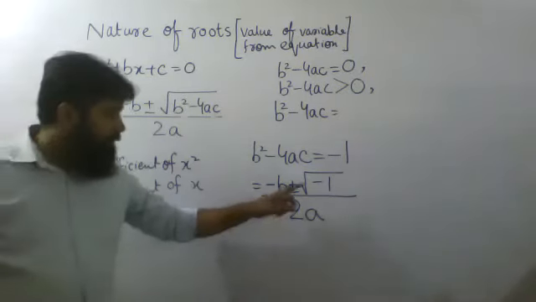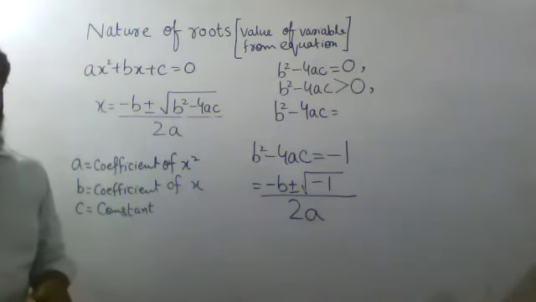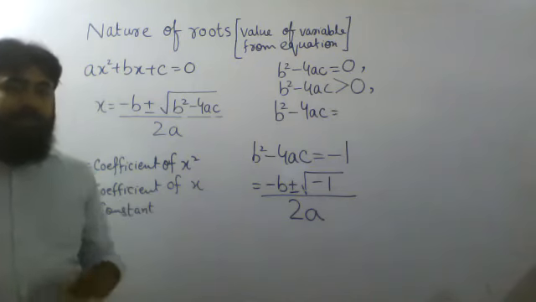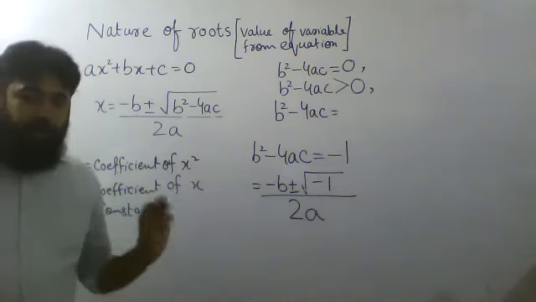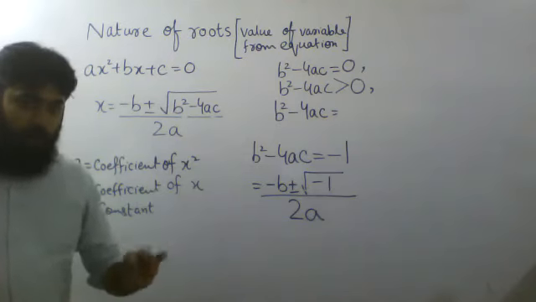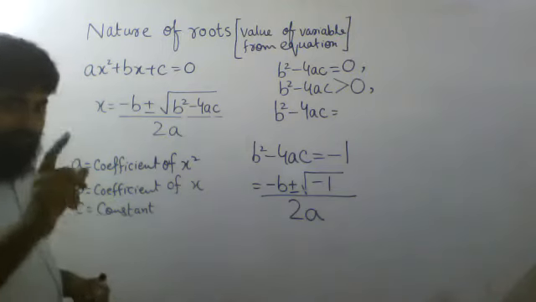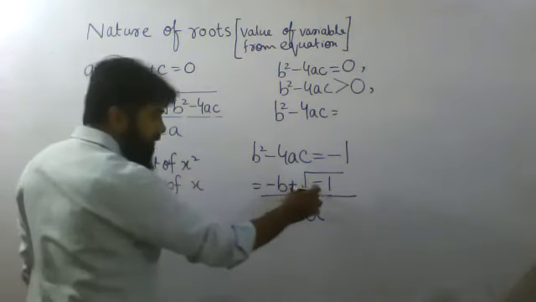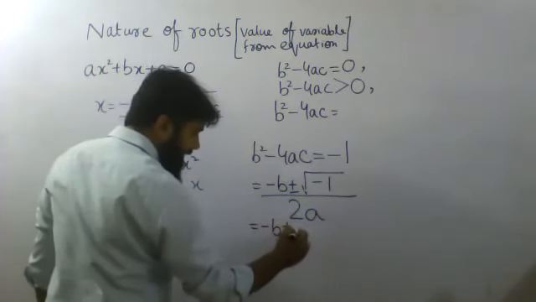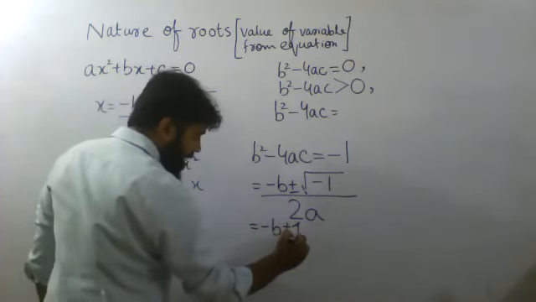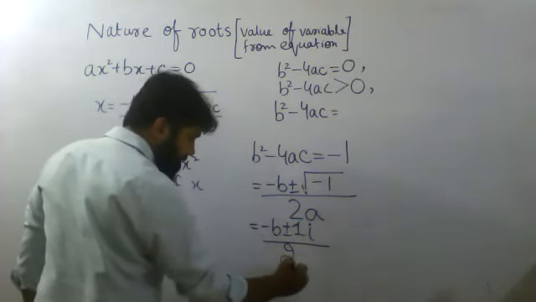Now, when you take the root of a negative number in your calculator, either you will get a math error, or maybe they will give you an answer, but how will they write the answer? For instance, you are taking root of -1. Either you will get math error, or they will give it in this way: 1, and with 1 there will be an i written over here.